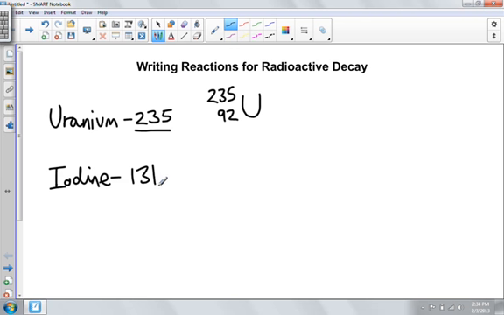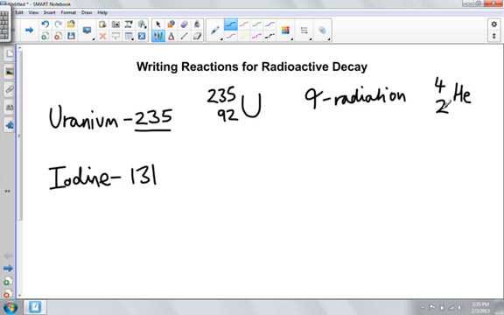Right. Anyway, the point behind all this is that when these unstable isotopes decay, they give things off, and the things they give off are certain types of radiation. The most common types of radiation are first the alpha radiation. All alpha radiation is simply a helium nucleus.